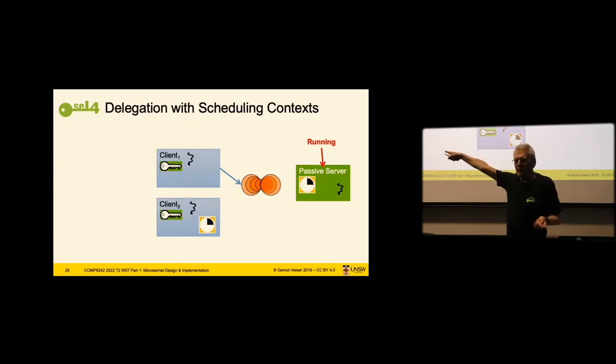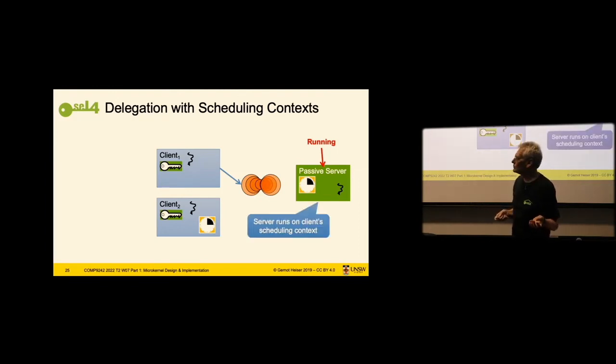And if there's a timeout now happening inside the server, this may or may not be bad, but it doesn't change the fact that the timekeeping is actually accurate, because the server, if it runs out of budget while executing on the client's scheduling context, well, it gets blocked until the refresh time of the scheduling context, and then it continues, but it's still operating on the client's scheduling context.